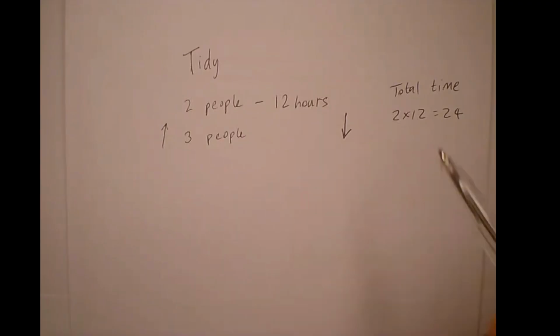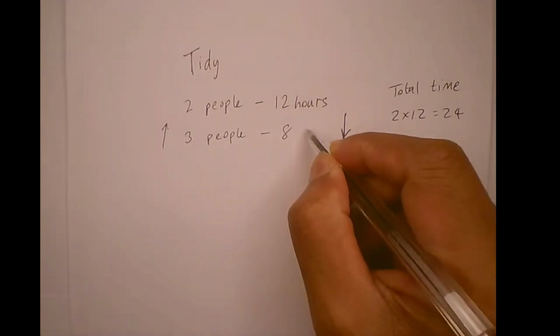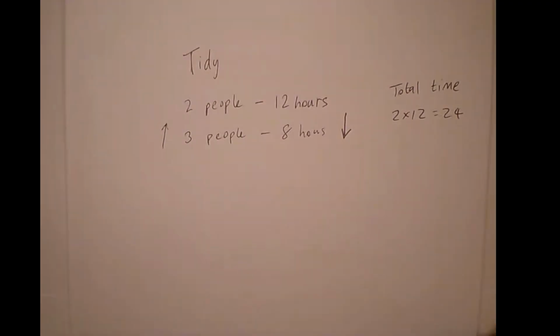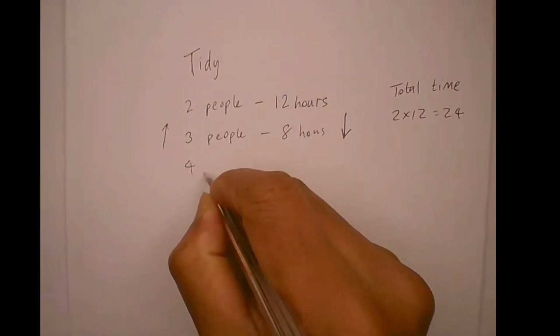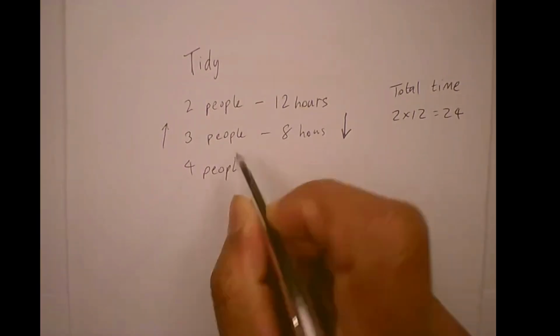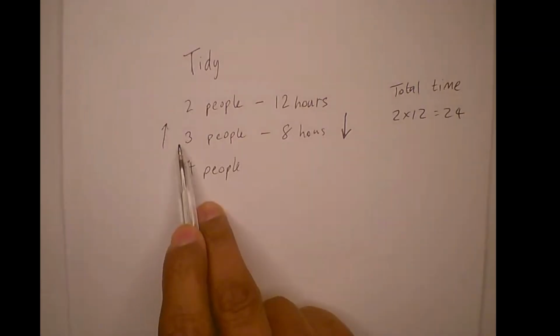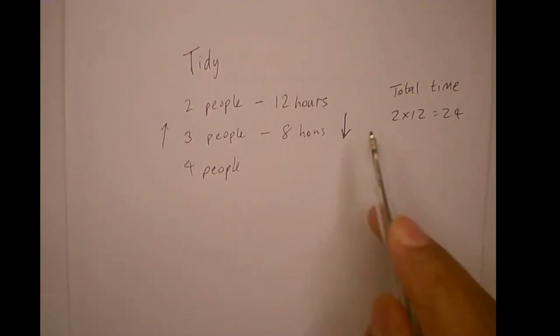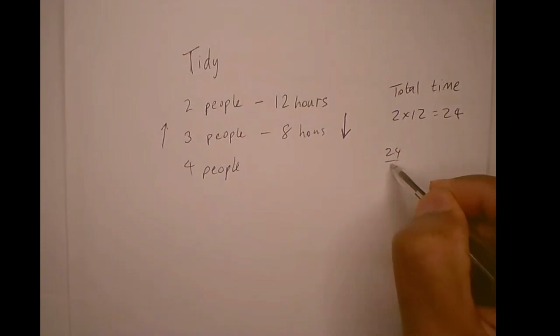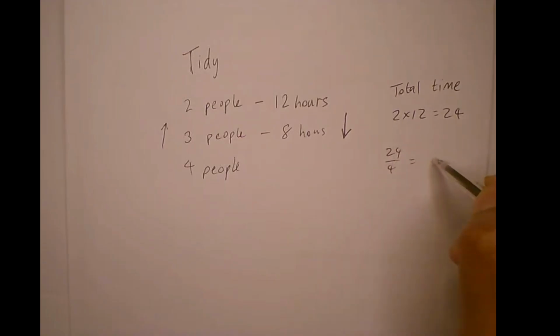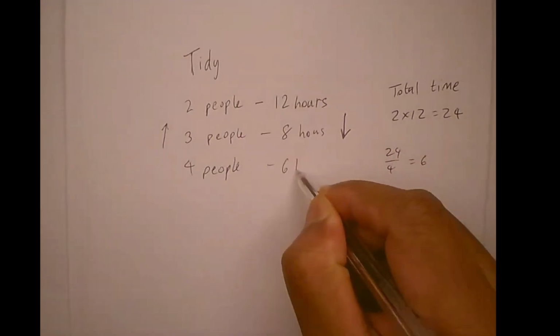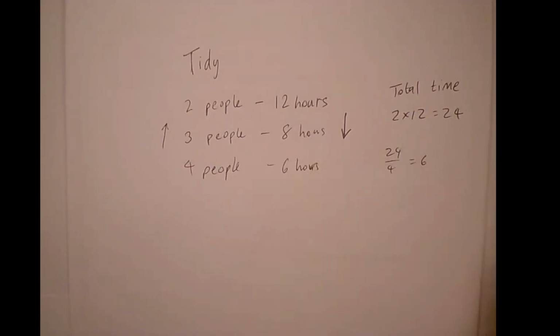So 24 divided by 3 would give you 8. It would take 8 hours for 3 people. If you have 4 people, so now you have even more people, how much time will it take you? Well, it will take you 24 divided by 4, which gives us 6. So this is the key concept of this topic. The more people, the less time it takes.